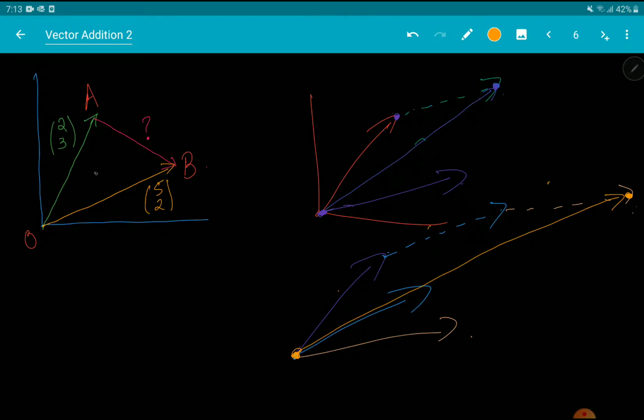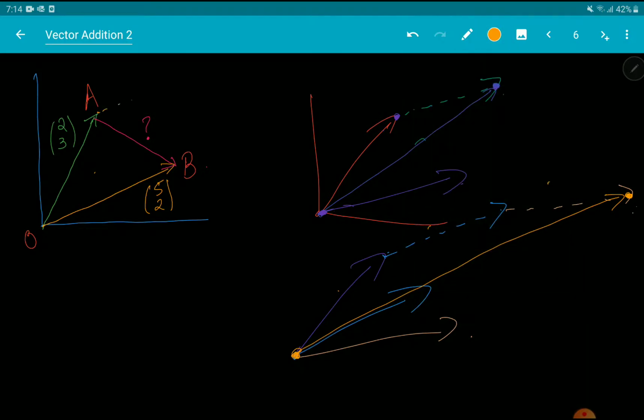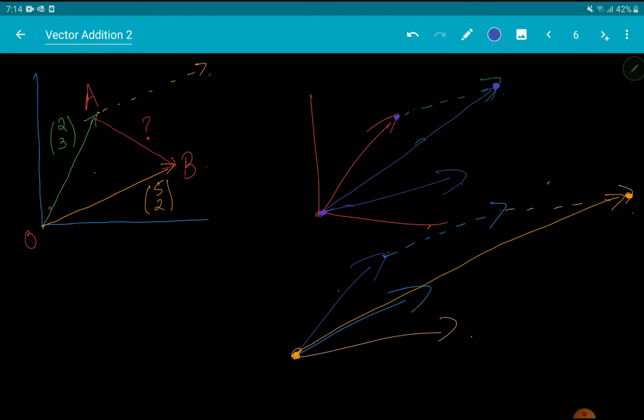So considering this diagram, OA and OB, if you were to add OA and OB together to find AB, and you were to translate it like this, you would end up getting a resultant vector along the lines of this, right? And as you can see, this is nowhere close to AB.